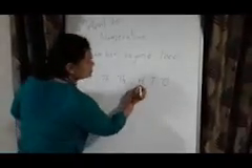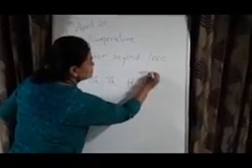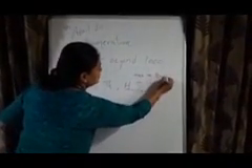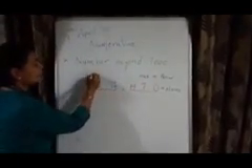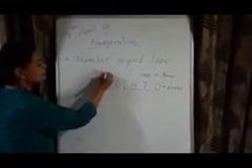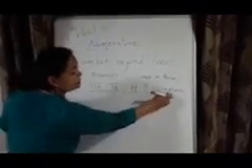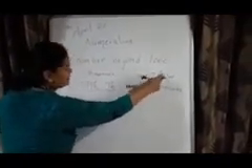The ones, tens, hundreds are the places, and this becomes the ones period.